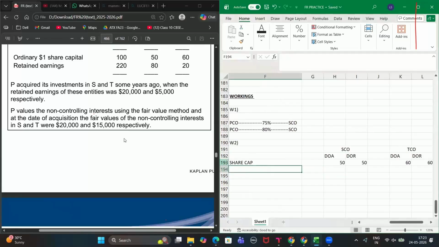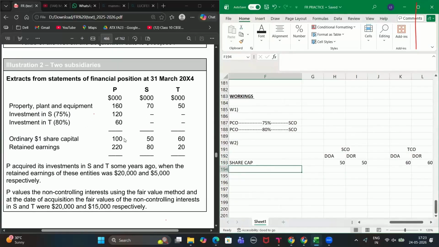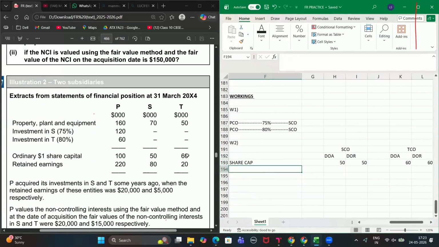After share capital, what should we add? Retained earnings. What is the retained earnings at the date of reporting for S company? 80.